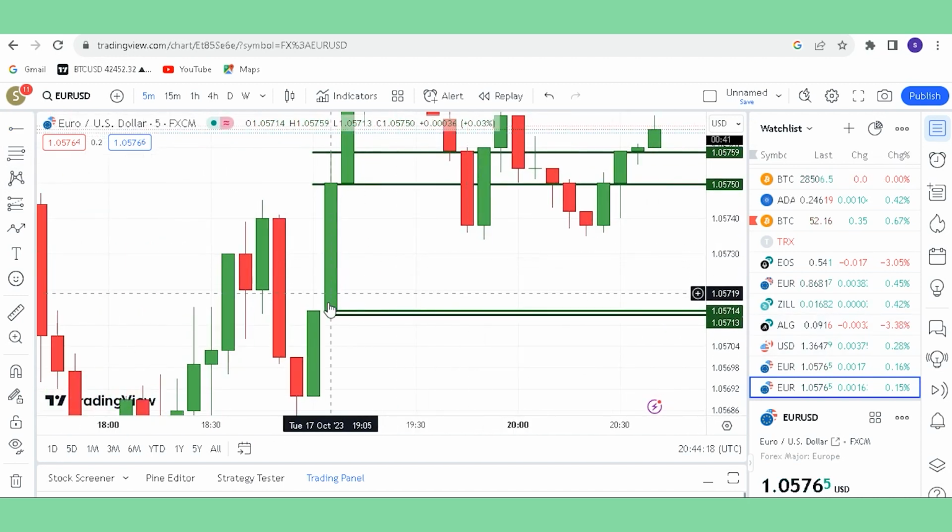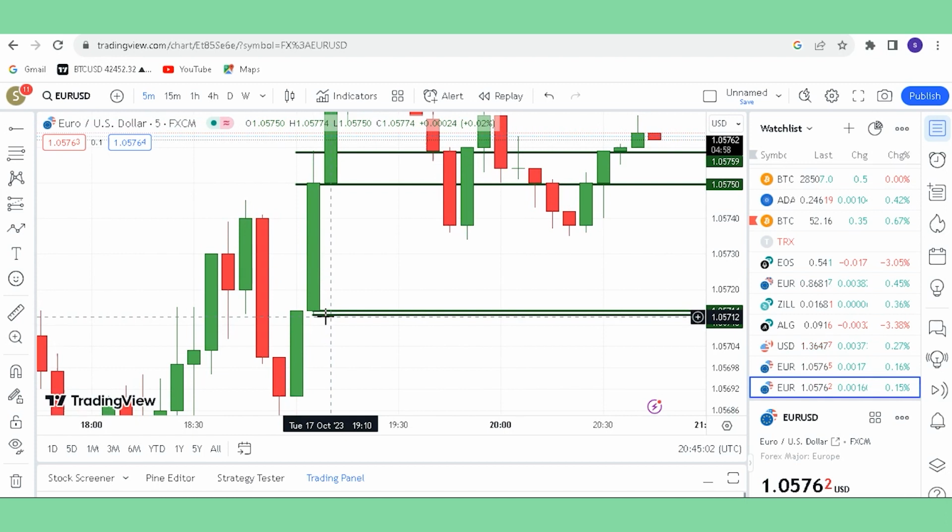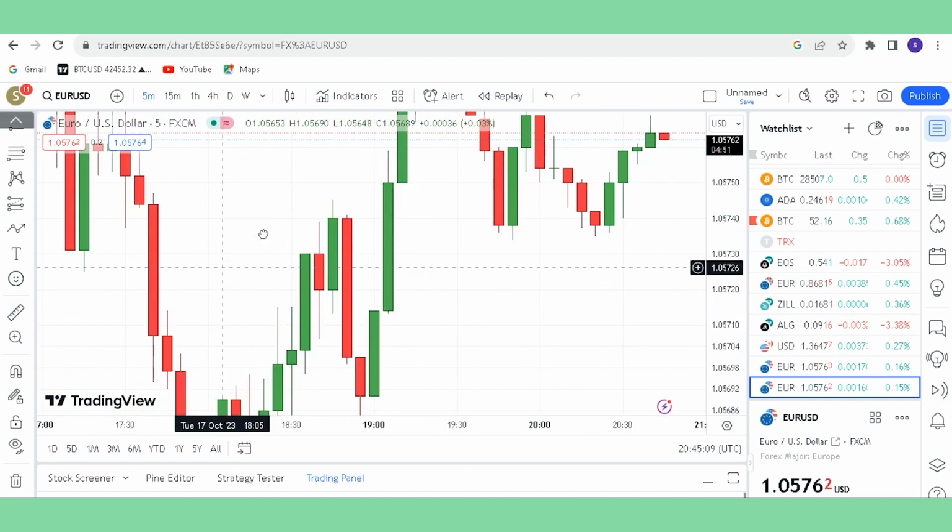It means that at the beginning of that 5 minutes period, the price was 1.05714, and at the end of that period, the price was 1.05750. But during that period, the price went as high as 1.05758 and dropped as low as 1.05712.